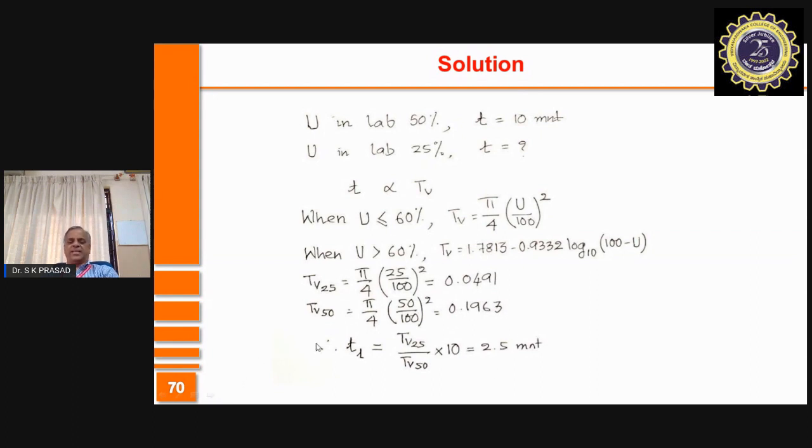Therefore, time taken in laboratory for achieving 25% degree of consolidation will be obtained by this equation by a simple common ratio, and you find that this value is 2.5 minutes, much less than 10 minutes, because degree of consolidation is 25%, not 50%. So it is 2.5 minutes in the laboratory.